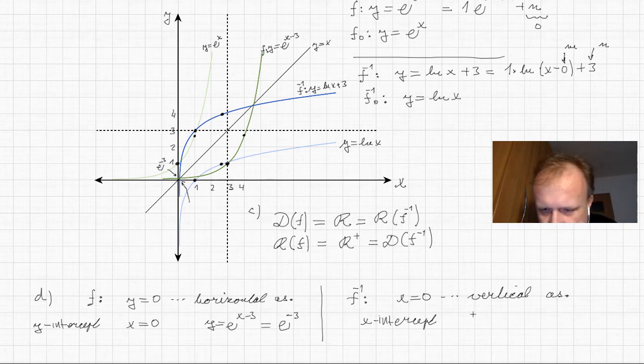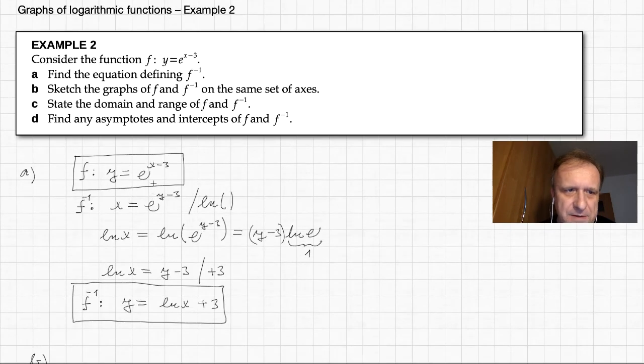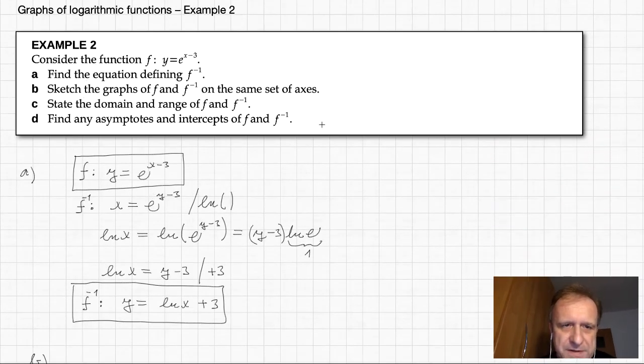So it should be x equals e to the power of negative 3. The reason for that is that this point here on the x-axis, this intercept point, is the image of the intercept point of the original f function on the y-axis. Okay, so this should be it. This closes this problem. We have already answered all parts of it, and this is it.